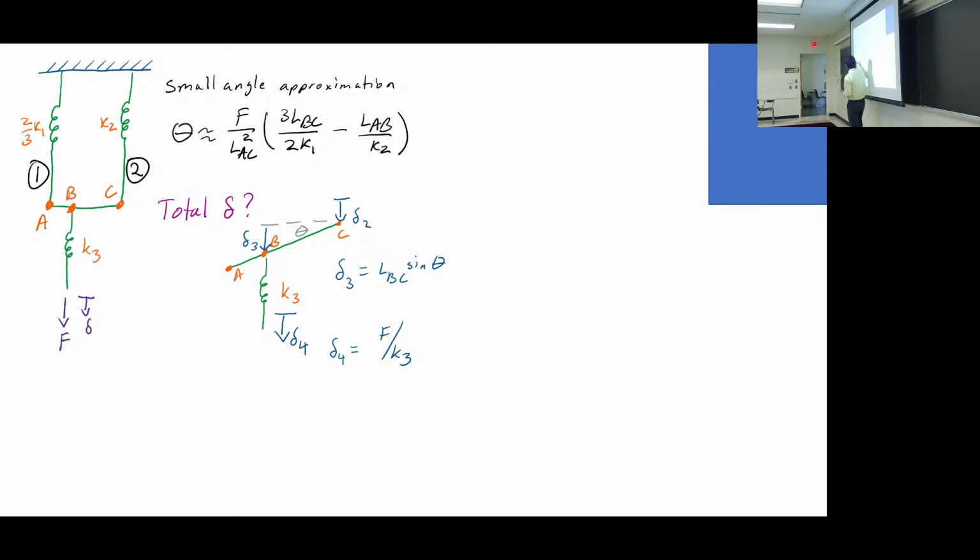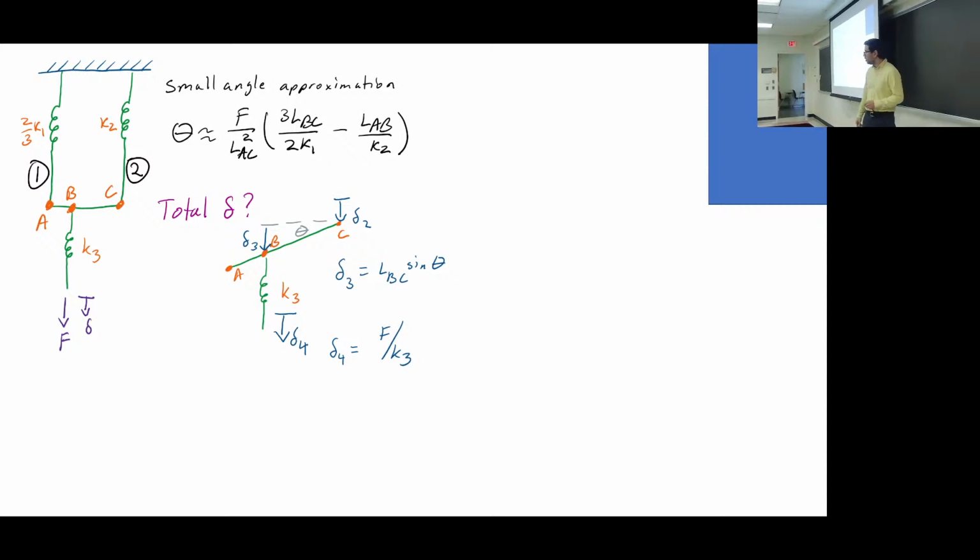And then K3, or this leg 4, whatever you want to call it, stretches by delta 4. So it's just like stepping stones, or stairs. I've stepped down delta 2, then I step down another delta 3, and then I step down another delta 4.